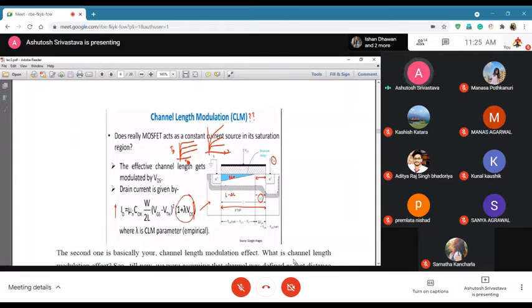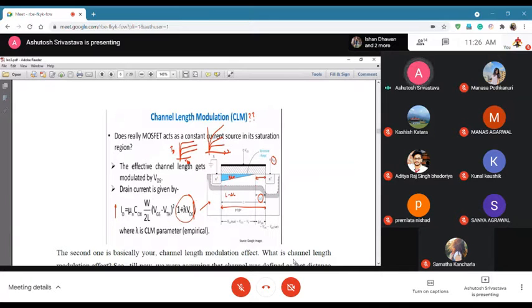ID is equal to mu n Cox W by L (VGS minus VT) square. Remember, this equation is valid for the transistor that is working in the saturation region. In addition to that, because of this channel length modulation, you have another factor, 1 plus lambda VDS, where lambda is the channel length modulation parameter.